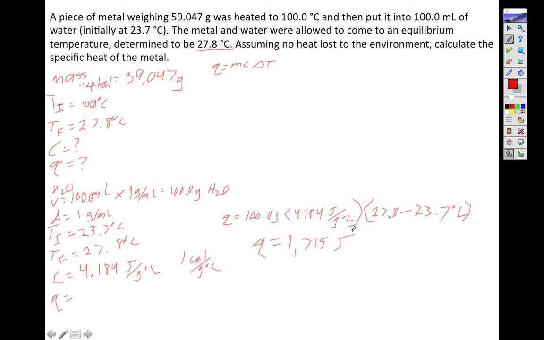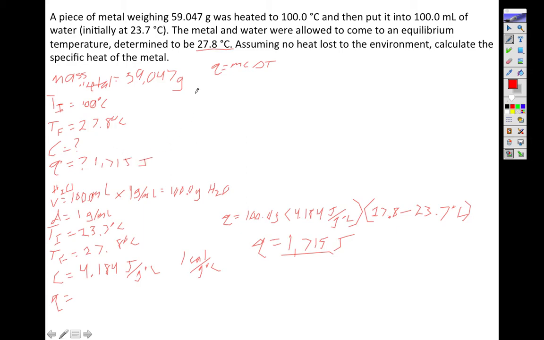Q was 1,715 joules. So now I can put that in, because that's the water gaining this much energy. It had to come from somewhere, so it had to come from this metal. So I know that my Q up here is 1,715 joules.